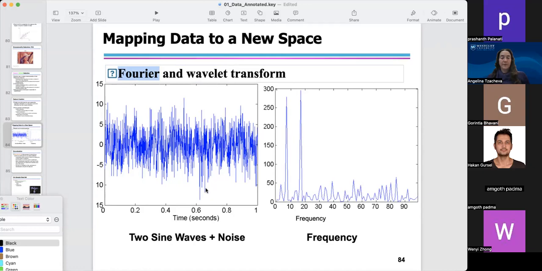The first thing here is the time domain. The second is the frequency. That is, it tells us which frequencies are part of that particular sound. And how many do we have?